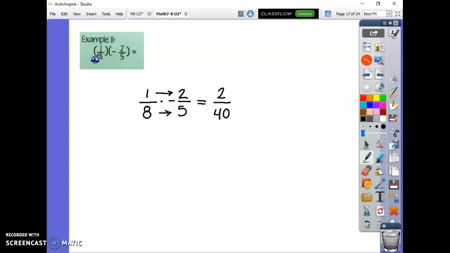We have a positive number and a negative number. So remember, two different signs will give us a negative answer. 2 over 40, well, we can reduce that by dividing both the numerator and the denominator by 2. Negative 1/20 is our final answer. Negative 1 over 20.